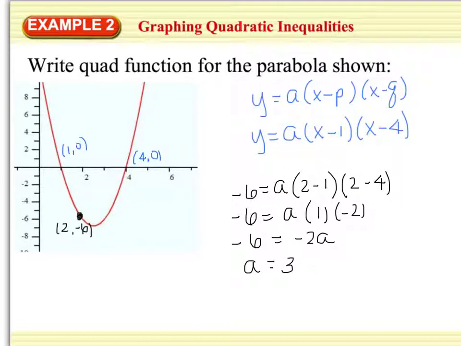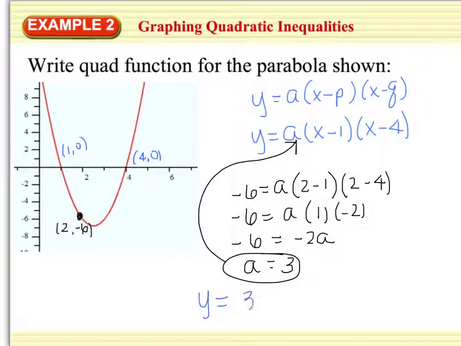for a. So now all I have to do is take this a value and plug it in up here, and we are given that y is equal to 3 times a quantity of x minus 1 times a quantity of x minus 4. Before we accept this, let's do some quick double checks.